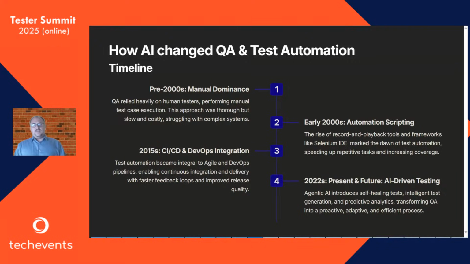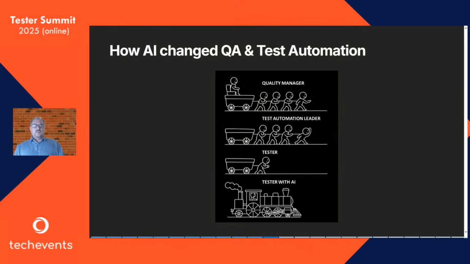And in 2022, right now, I think the big trend, and probably for you as well, is AI and AI-driven testing using Agentic AI and self-healing tests, and using AI everywhere during software development and while developing tests and test automation. So how does AI change QA and test automation?